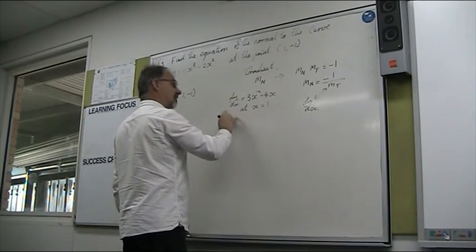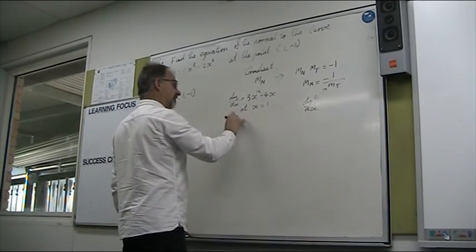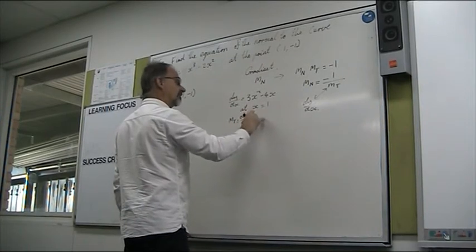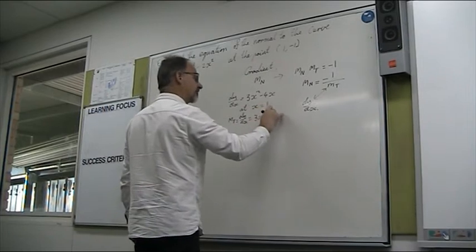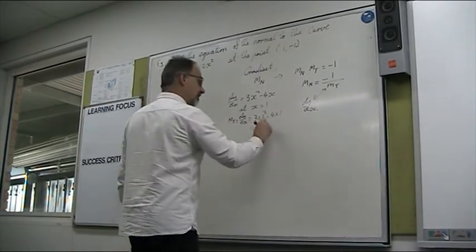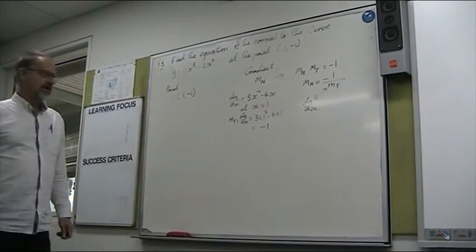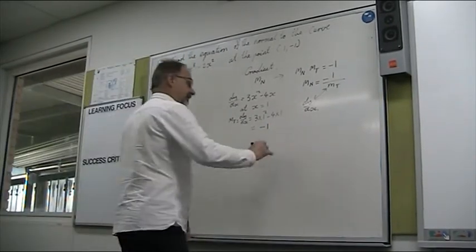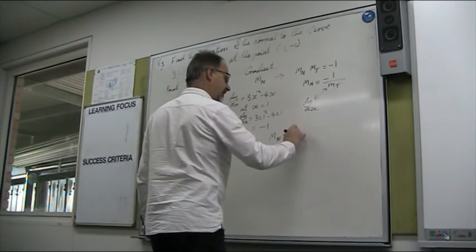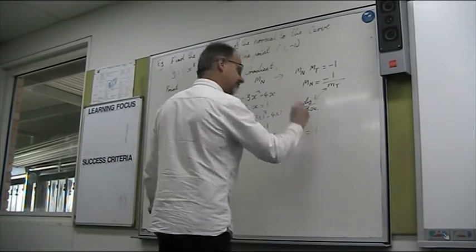So the gradient of the tangent, which is dy dx at that point, is 3 times 1 squared minus 4 times 1, which is -1. So then the gradient of our normal will be -1 over -1, which is 1.